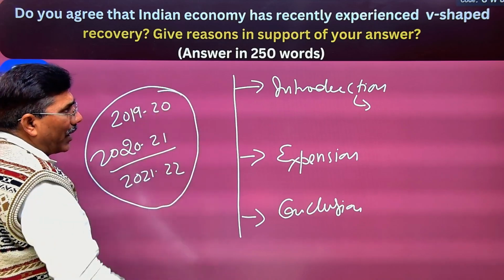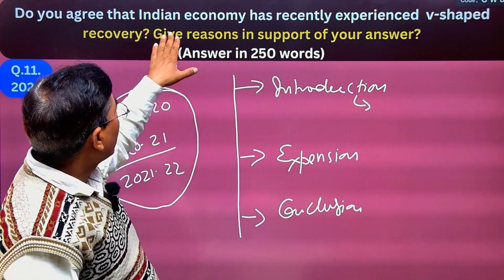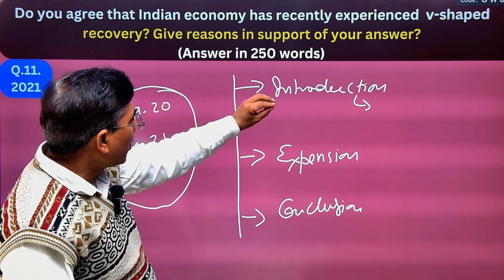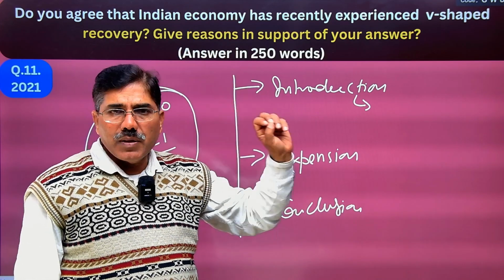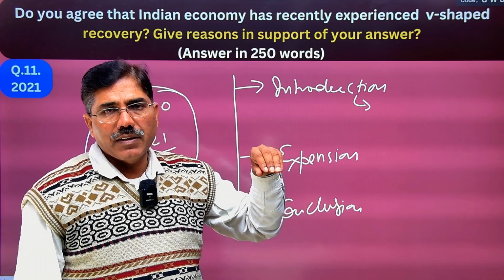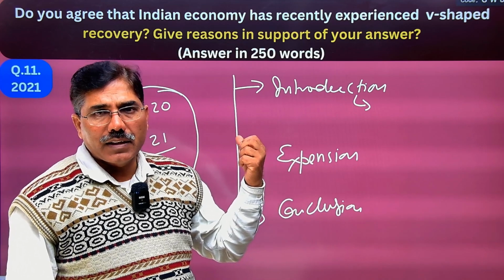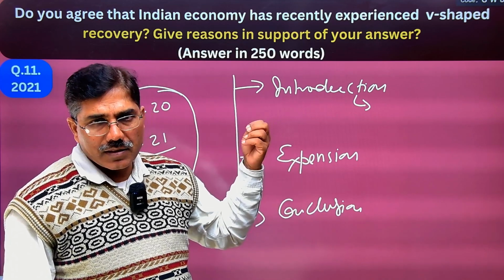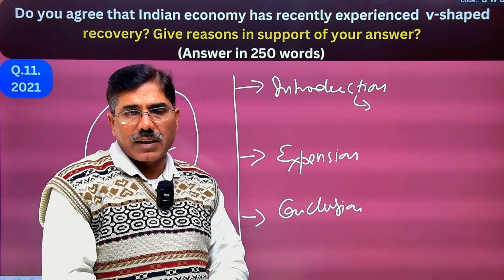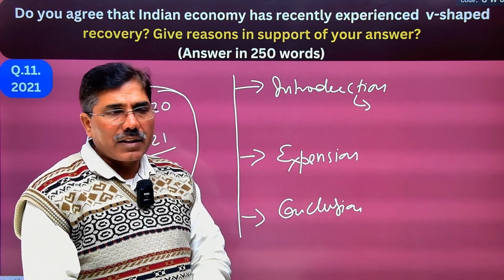If you explain this period, your answer will completely explain the V-shaped recovery and the factors responsible for it. A simple introduction should be there: due to lockdown in our economy, all economic activities except agriculture were restricted by the government. That is why our growth rate suddenly declined. After that, due to steps taken by the government, such as tax exemptions and more public expenditure, the economy came out of recessionary conditions.